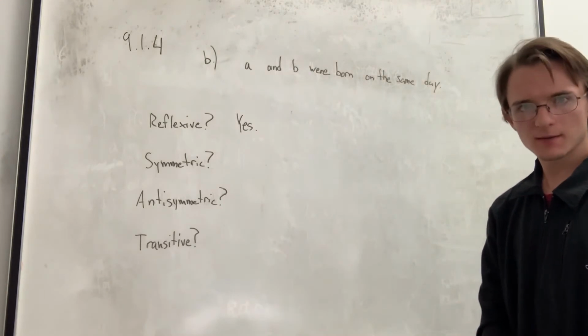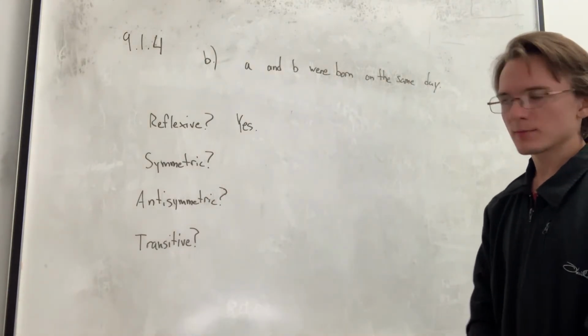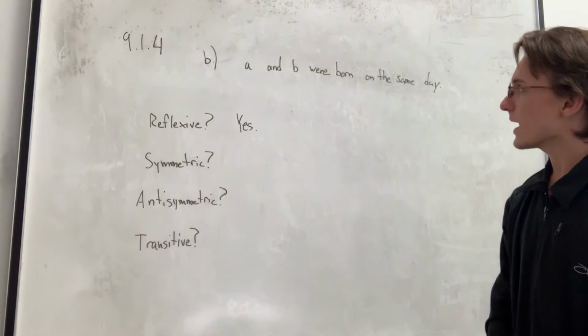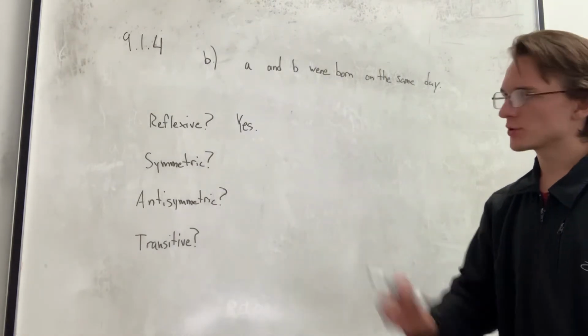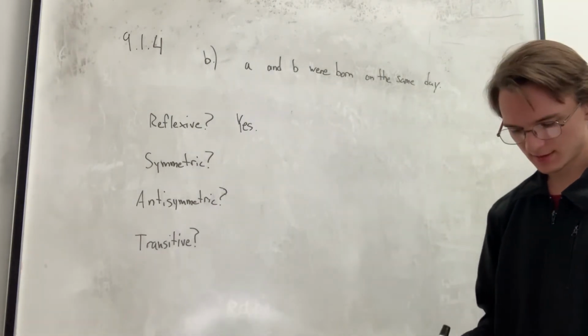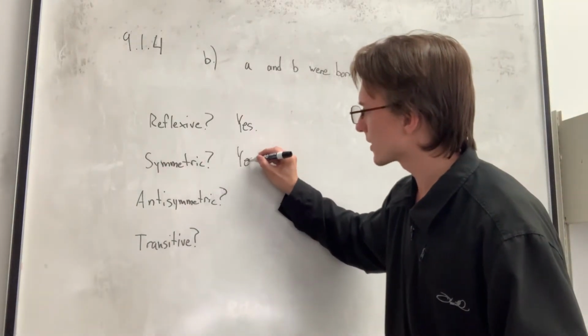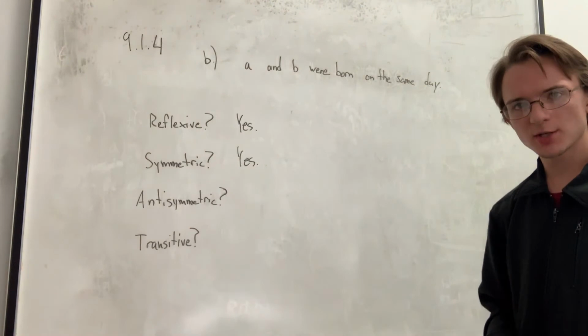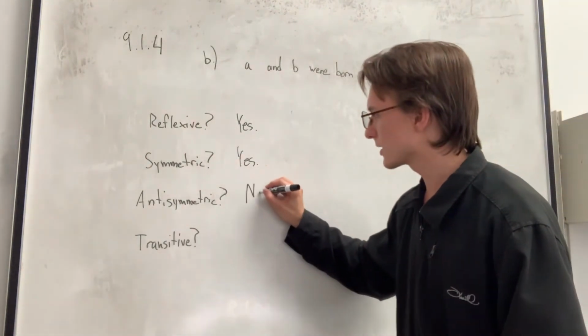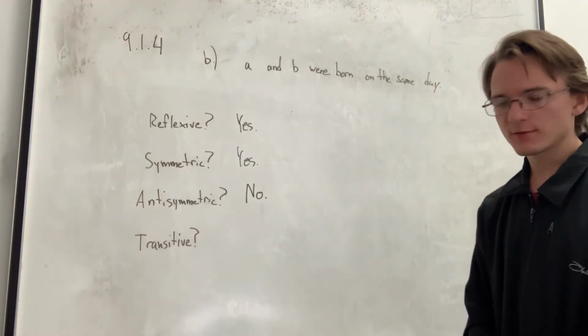Is it symmetric? Can we also say, assuming this is true, B and A were born on the same day, to switch the two variables? Absolutely. It is symmetric. For the same reason it's symmetric, it is not anti-symmetric. Is it transitive?